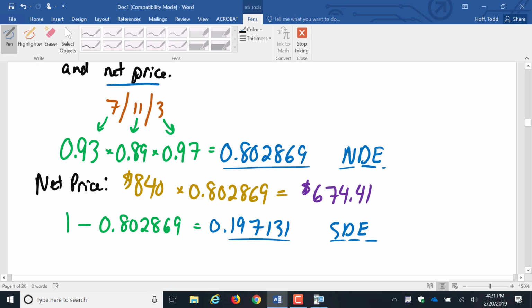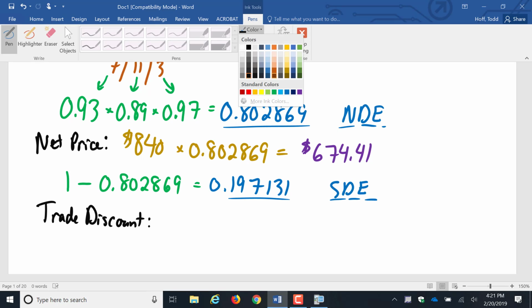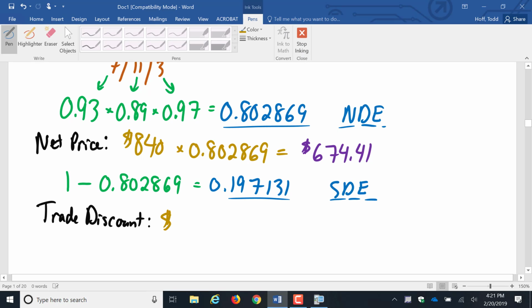So we'll find our trade discount by taking our list price of $840 and multiplying by that single discount equivalent rate.